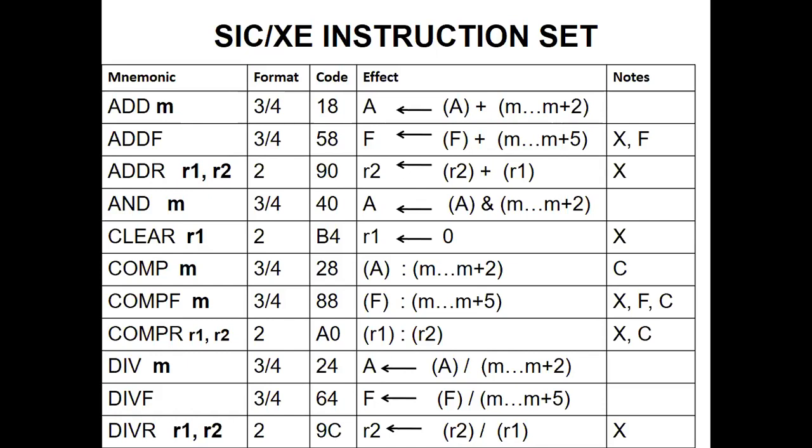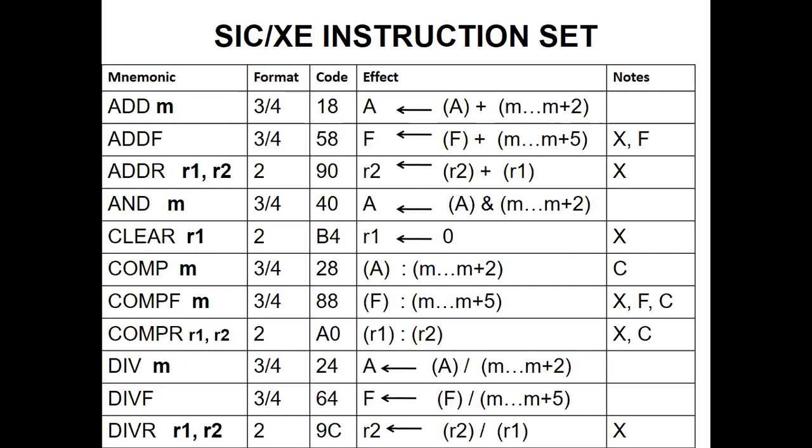The opcode is 90, and then it is adding contents of register 1 to contents of register 2, and then the answer is in register 2. So you should note the direction. Here we are adding R1 plus R2, and the answer remains in R2.